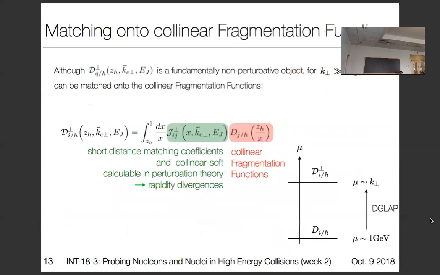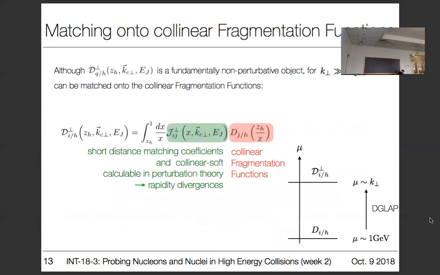As always, if I consider kT much larger than lambda QCD, I can refactorize the purely collinear term into a Wilson matching coefficient, which is a purely perturbative calculation, and the collinear fragmentation functions.